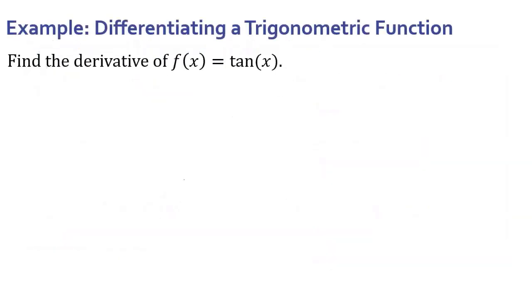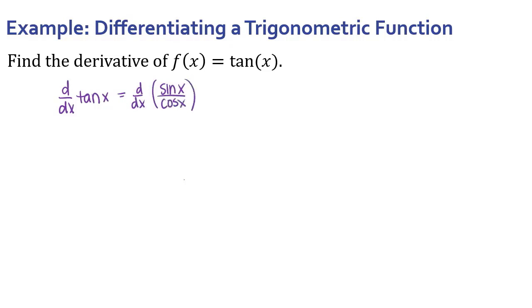Okay, so let's find the derivative of the tangent function by a proof. So we know the derivative of tangent is secant squared of x, but I want to just show you where that comes from. So if we were to do d over dx of tan of x, that's going to be the same thing as the derivative of sine divided by cosine.